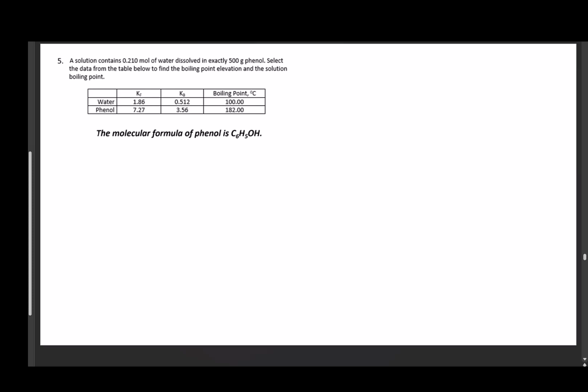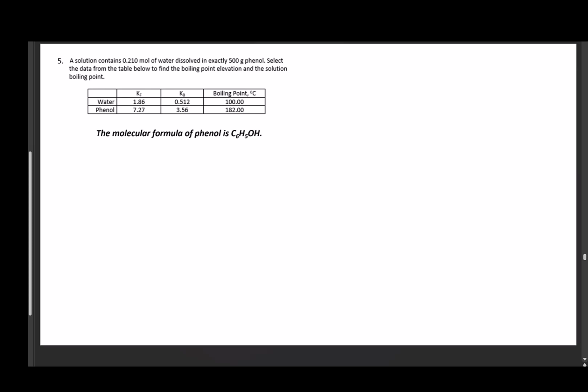Number 5. This was a little bit more challenging here, but I think it's a fun problem to unravel this puzzle. A solution contains 0.21 moles of water dissolved in 500 grams of phenol. Select data from the table below to find the boiling point elevation and the solution boiling point.